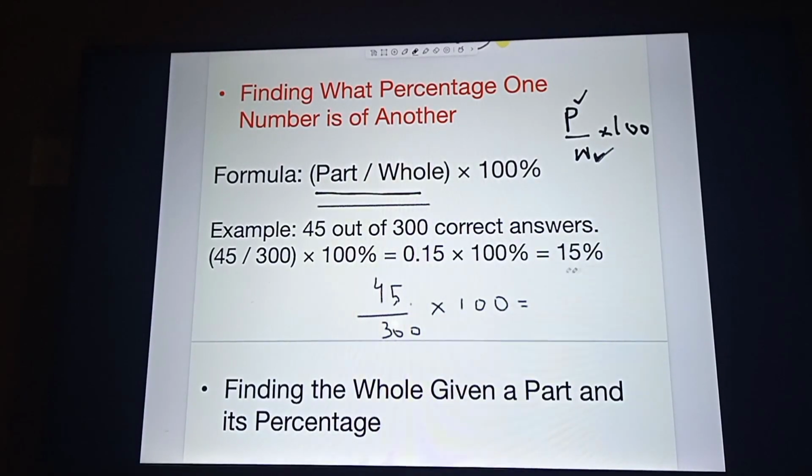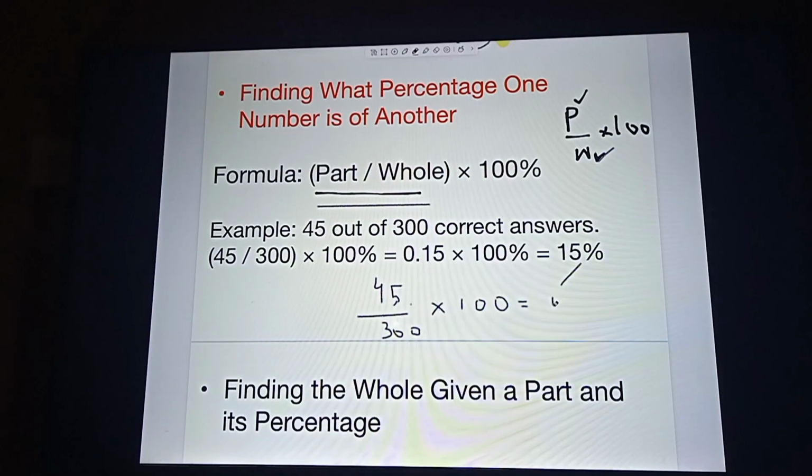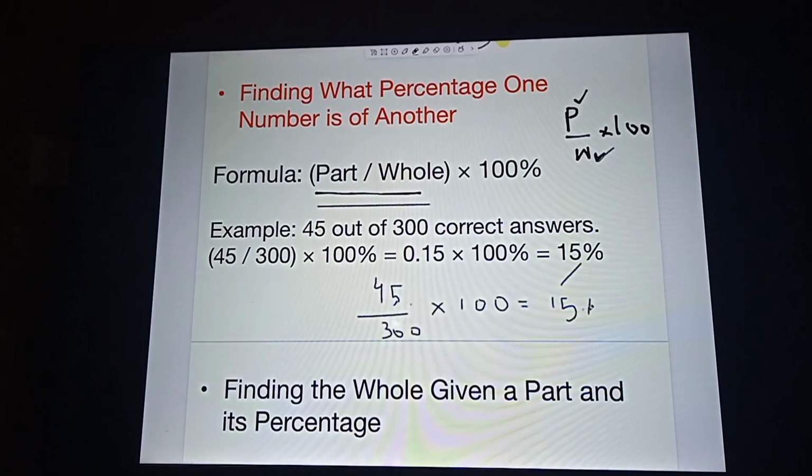So this 15% is the resultant value, and this means that 45 is 15% of 300.